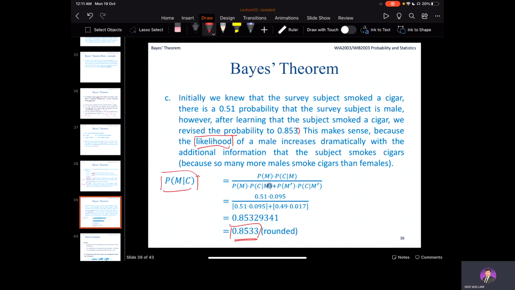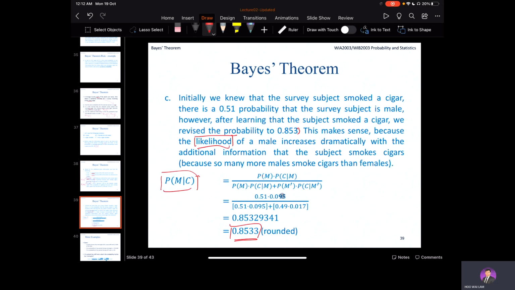This term and this term are always the same. And the last term over here is always the complement for the evidence, the one that you want to measure. So from this formula that you have derived, you have 0.51 over here, and 0.095, which is the probability of C given M, from here.